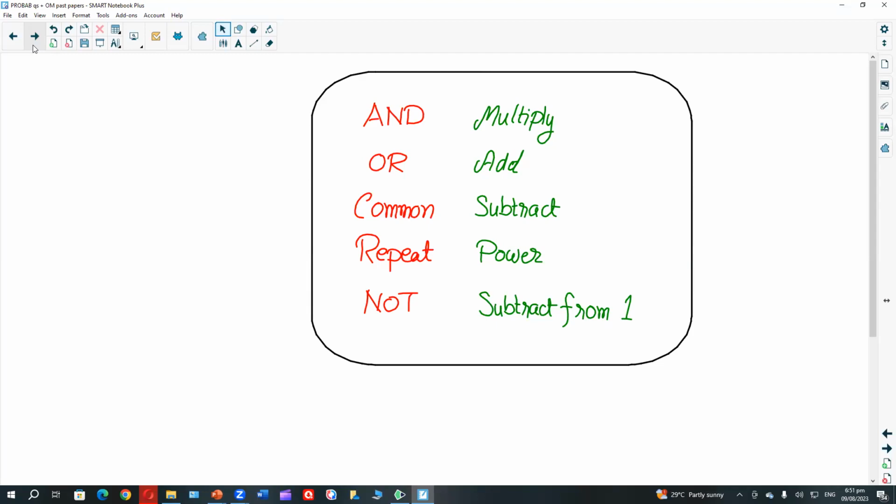Sir, I copied. So you should mark it, very important for memorizing this concept.